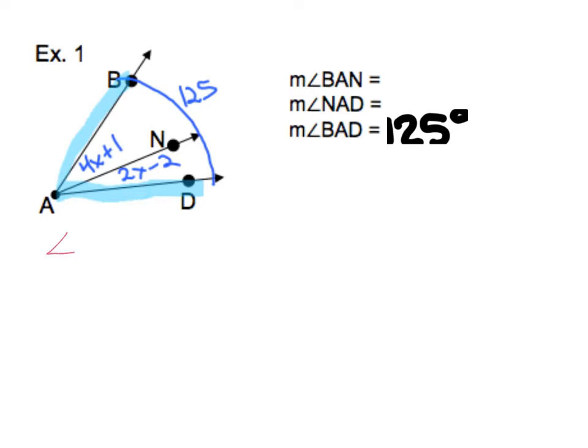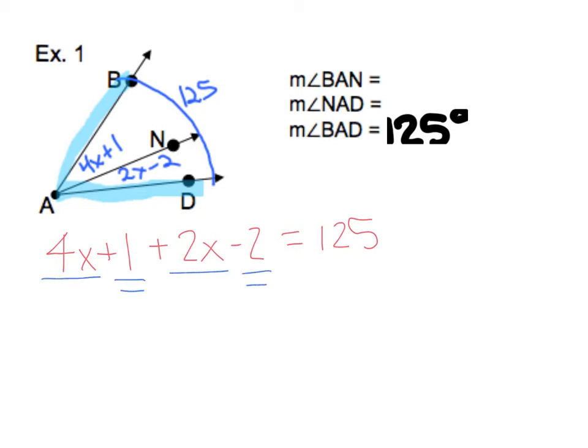So we have 4x plus 1 plus 2x minus 2 equals 125. We're looking to combine like terms: 4x and 2x, and the 1 with the negative 2. So we end up with 6x minus 1 equals 125.